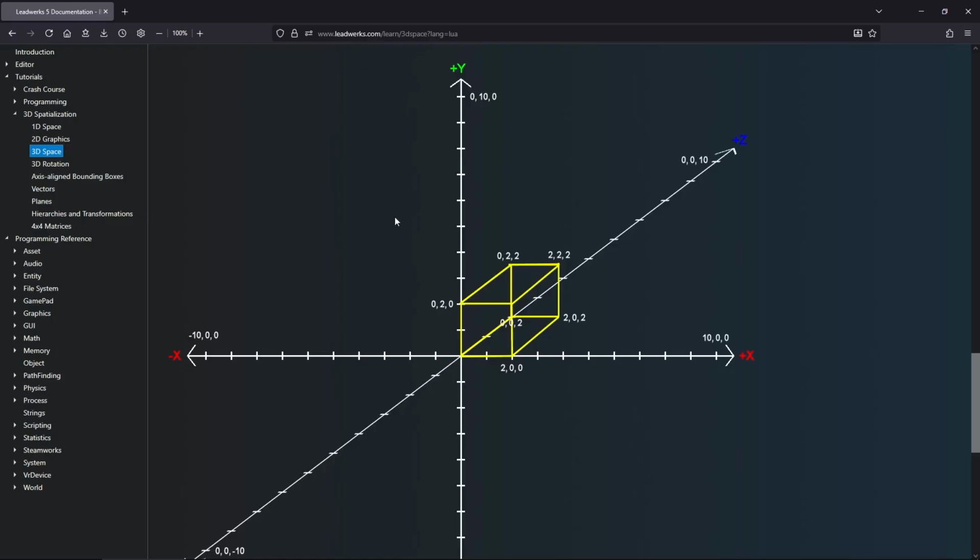It's really good practice to just draw stuff in 3D. And you might notice this is a cube because each side is 2 units long. But it looks longer this way on the z-axis. Why is that?